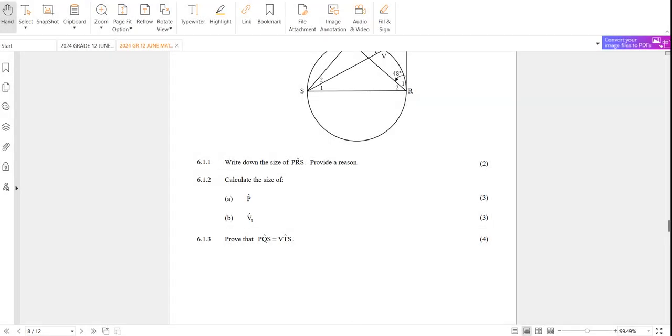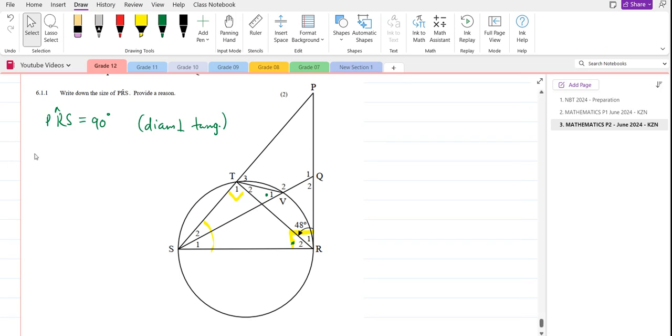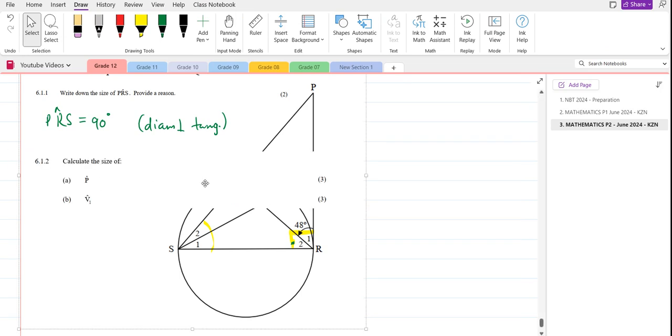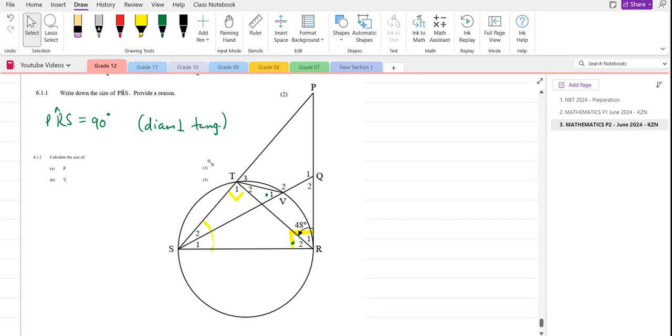Calculate the size of angle P and angle, right? So we want to calculate the size of angle P. Right, so what is angle P? To find angle P, remember this is 90. So, 6.1.2a. What we can say here is angle PSR. Okay, let me not use 3-point notation.